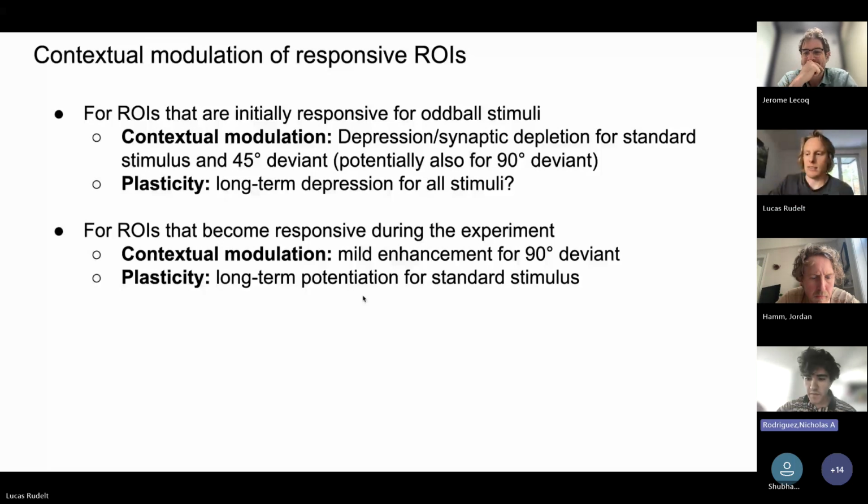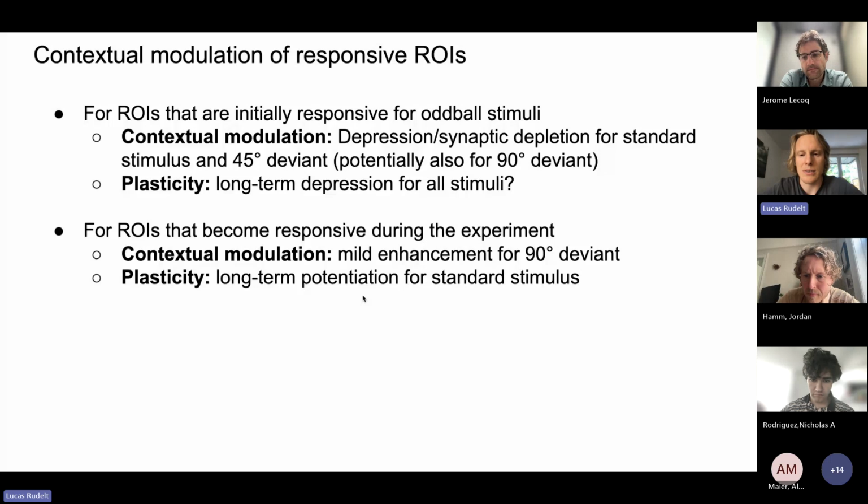Oh, and by during experiment, are you referring to the oddball block? Yeah. It's saying that it's responsive during the second control. I mean, there could be units or ROIs that are active in the beginning and then also in the second control. But typically, what I observed is that ROIs that are active in the beginning are so strongly depressed that they do not pass the threshold anymore in the second control.